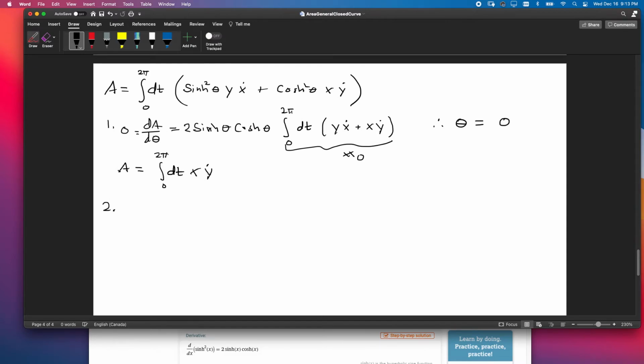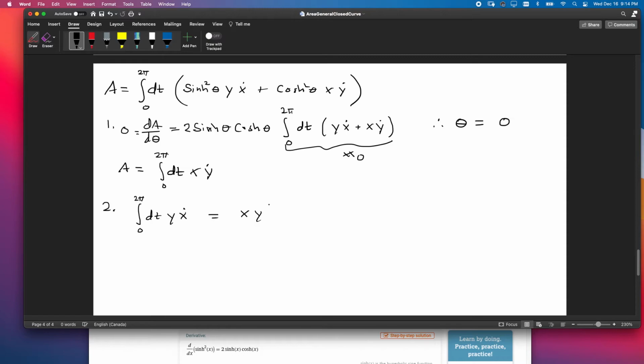The second way is to say, hey, what actually is this integral from 0 to 2 pi dt times y x dot? Well, I'm just using integration by parts.